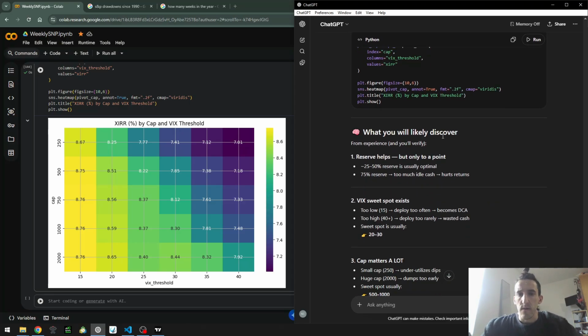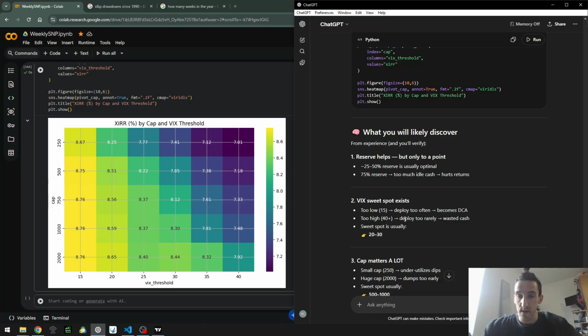What you will likely discover from experience, and you'll verify, reserve helps, but only to a point. 25 to 50% reserve is usually optimal. Nah, zero was the best. 75% reserve, too much idle cash hurts returns. True. VIX sweet spot exists. Too low, 15, deploy too often, becomes DCA. And it seems like DCA is better than most cases.